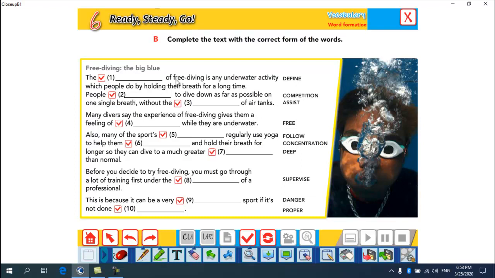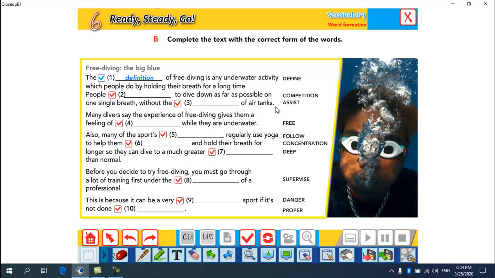The definition of free diving is any underwater activity which people do by holding their breath for a long time. Use a derivative from define. Exactly, it's the definition.